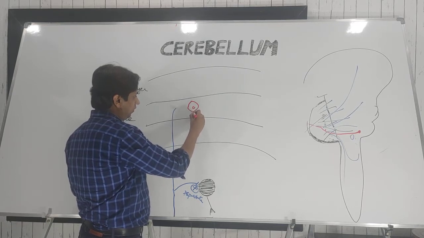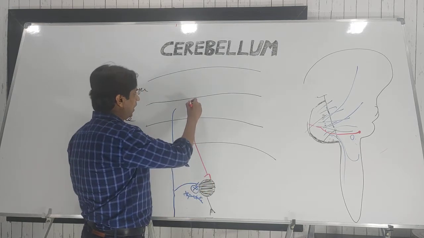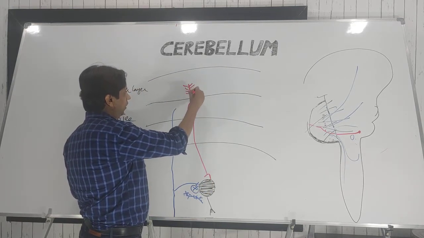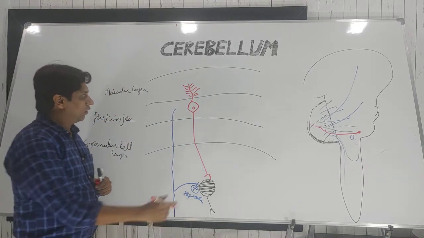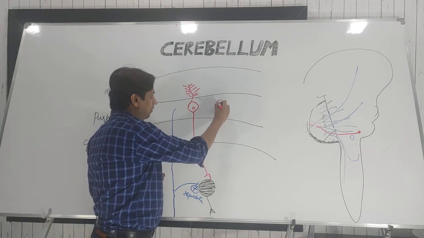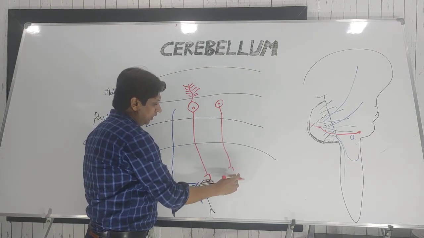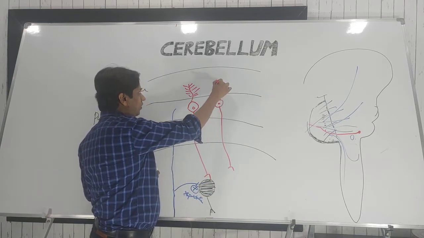The axons of these Purkinje cells will go to the deep cerebellar nuclei, and the dendrites of this cell will be present in the molecular layer, and the nerve cell bodies are present in the Purkinje cell layer. So the axons will terminate in the deep cerebellar nuclei, and the dendrites are usually present in the molecular layer.